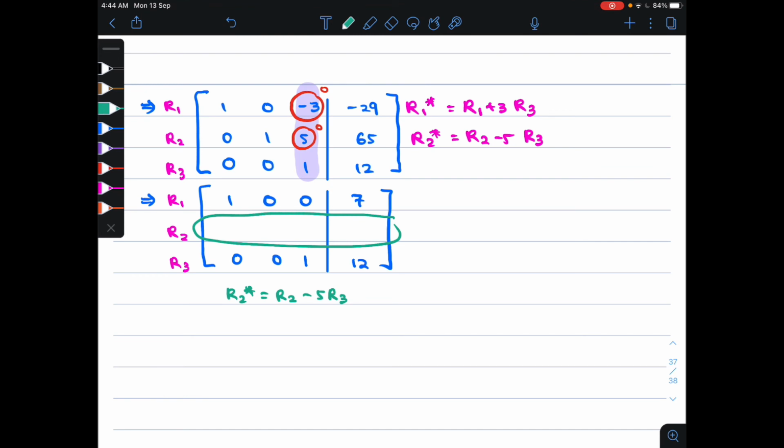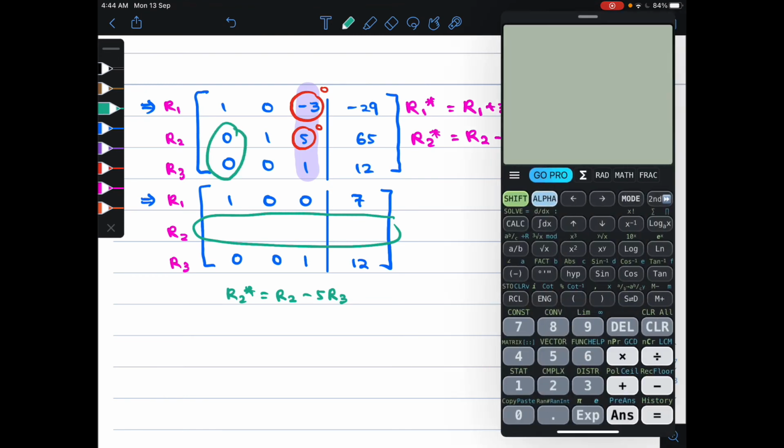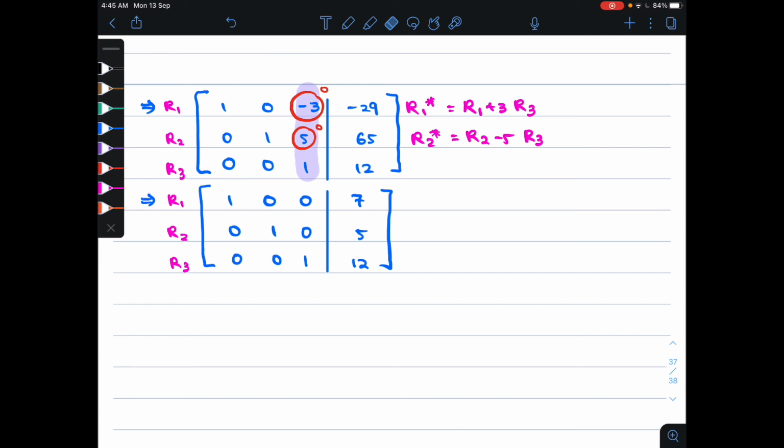And then macam biasa, just guna calculator. And that's how we get the new R2.